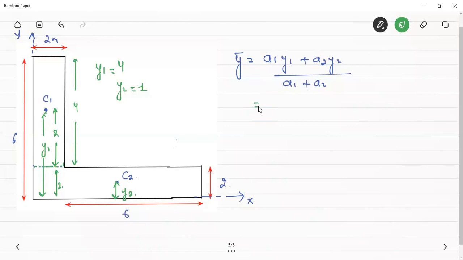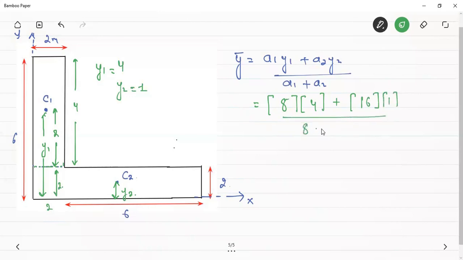So we can figure it out here that the area of the first rectangle is equal to 4 into 2, that will be 8. This y1 is equal to 4, plus the area of the second rectangle is equal to 8 into 2, that will be equal to 16. This distance is equal to 1.